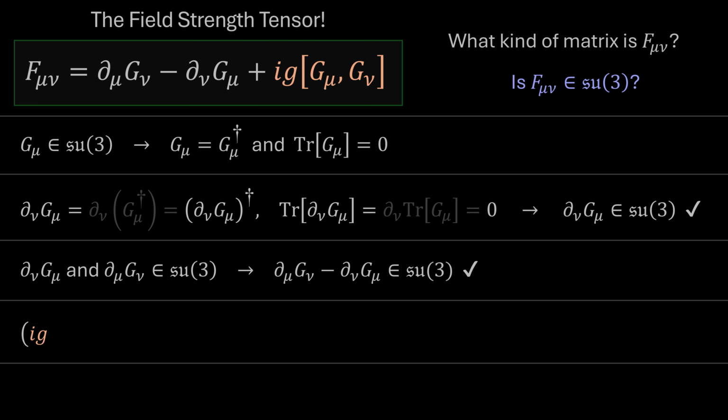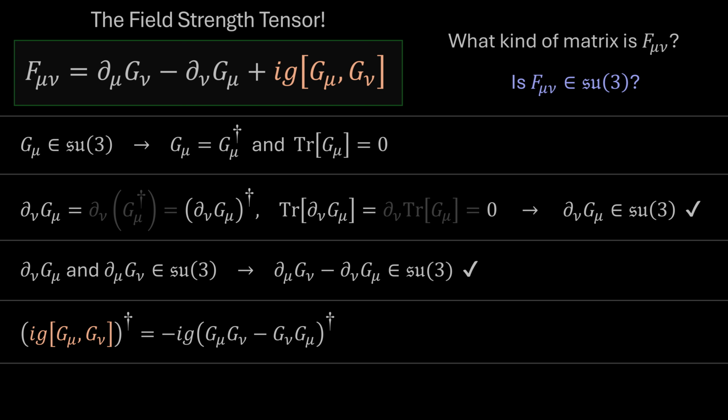Well, let's see if the transpose conjugate of the commutator term equals itself. If we take the transpose conjugate of the whole commutator term, first we can pull out the scalar ig, convert that to negative ig, because that's purely an imaginary scalar, so its sign is going to flip, and then we can write out the commutator as g mu g nu minus g nu g mu.